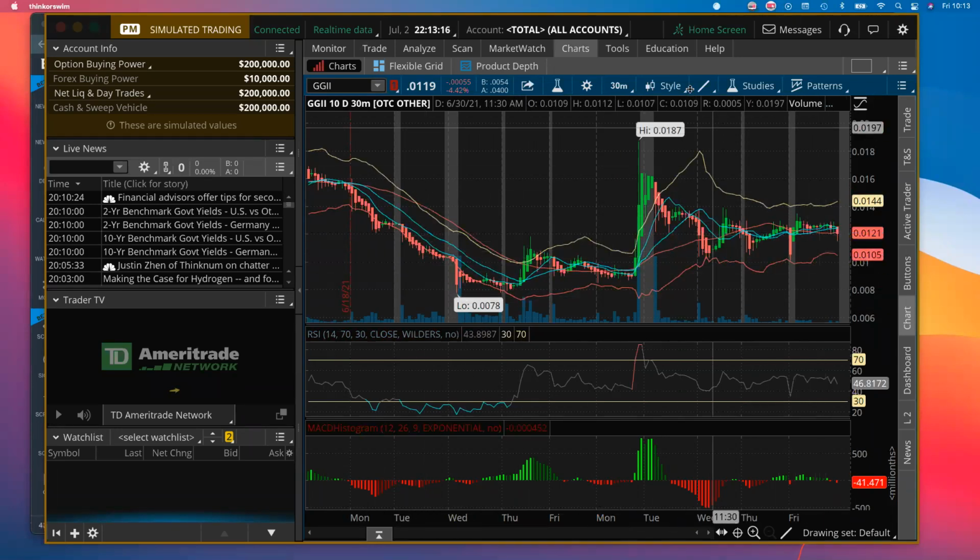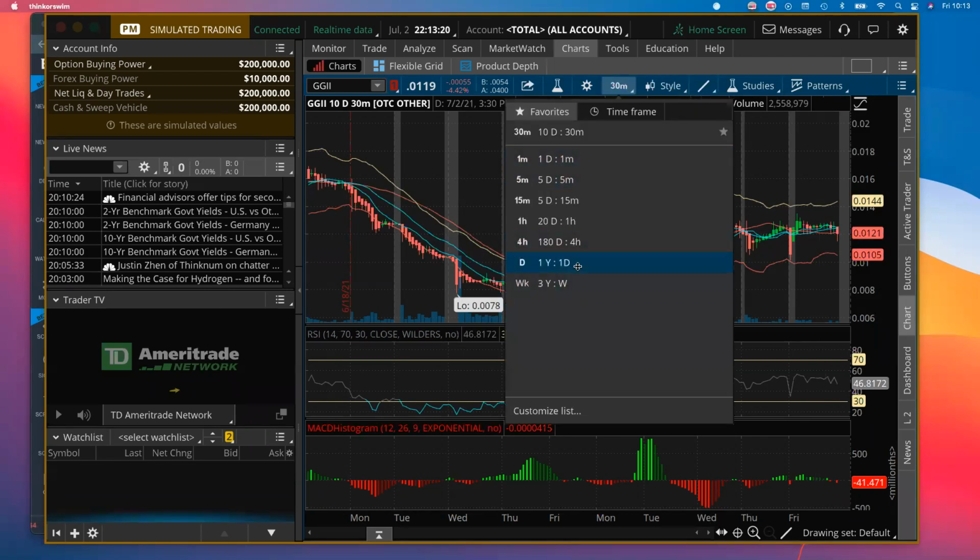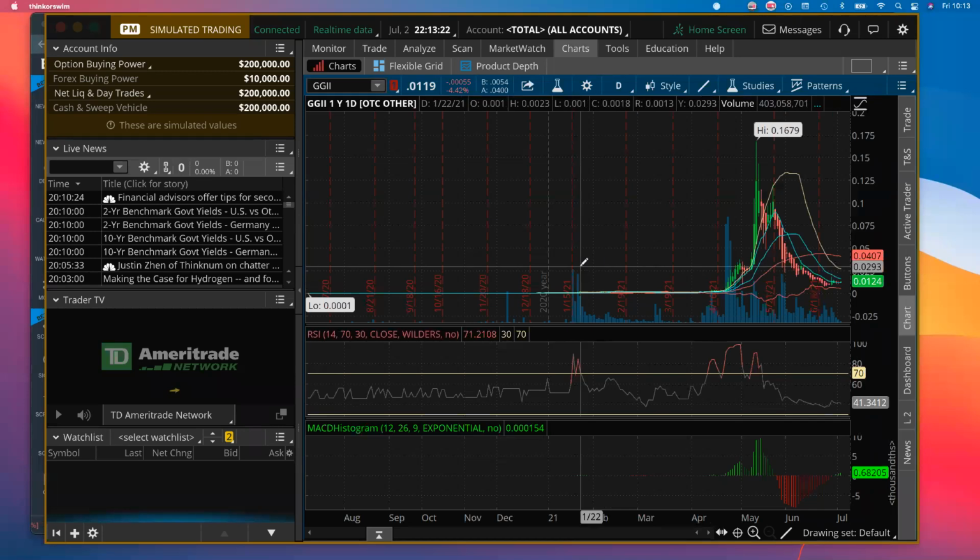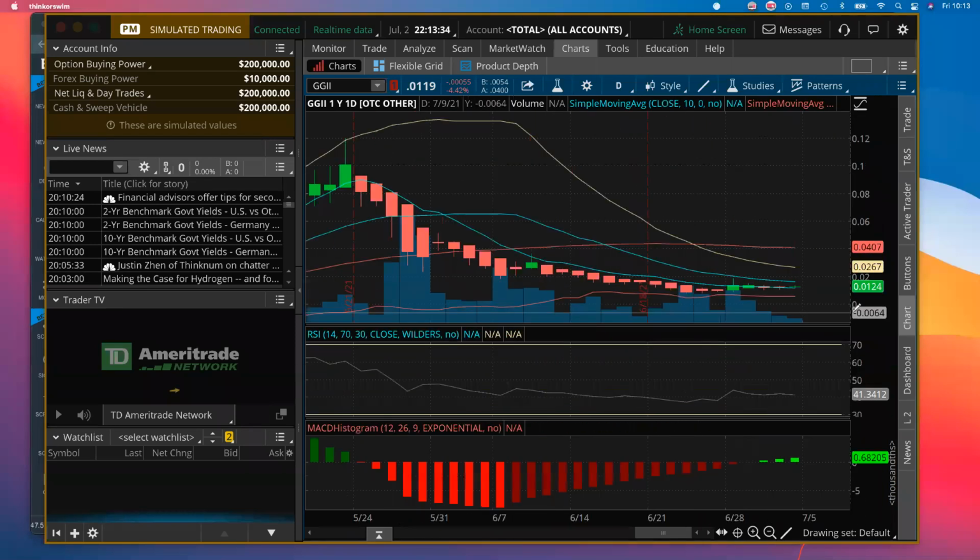I would say this would probably uptrend, but it's very rare that I actually analyze stocks in this price range. So I wouldn't really take my advice on it because stocks that are below 10 cents, they're very unpredictable.